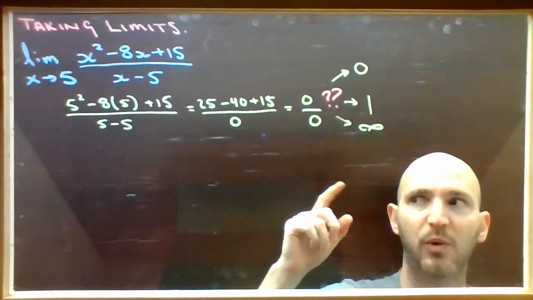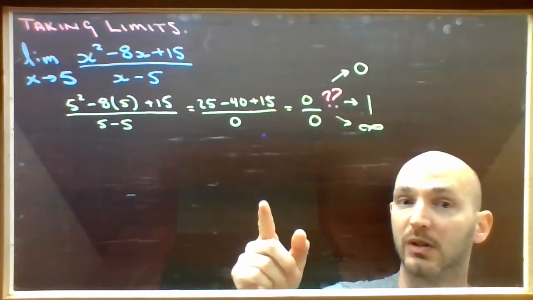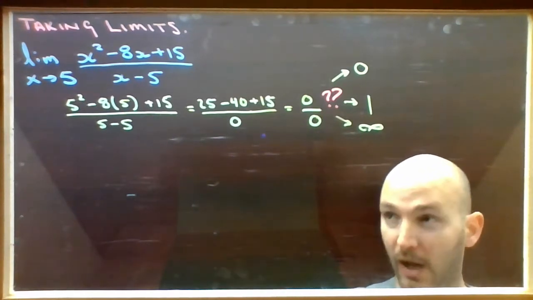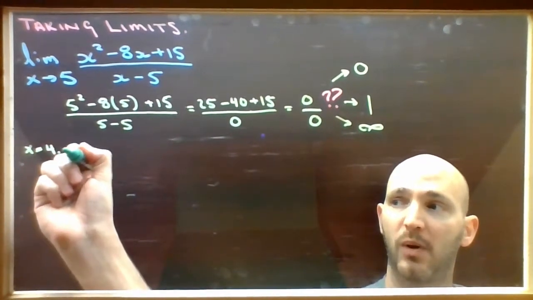Fortunately, we're talking about limits, so this only happened because I put in exactly 5. So instead of putting in exactly 5, I'm going to pick something that's close, but not quite. So I'm going to try x is 4.99.